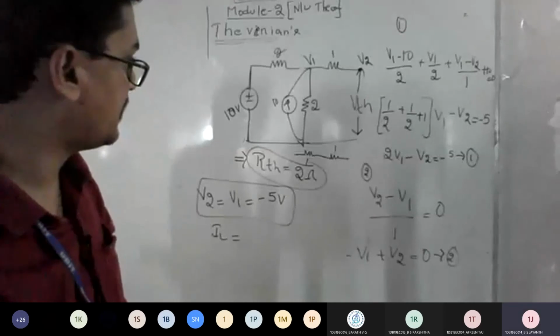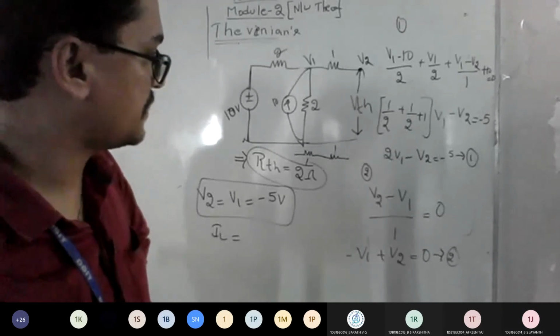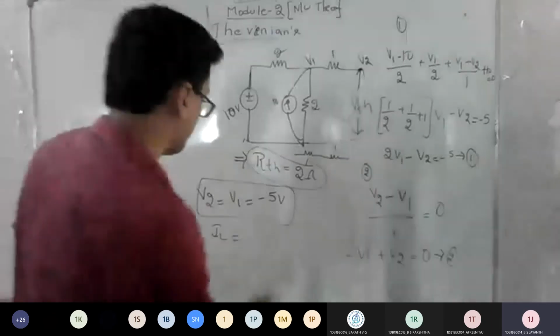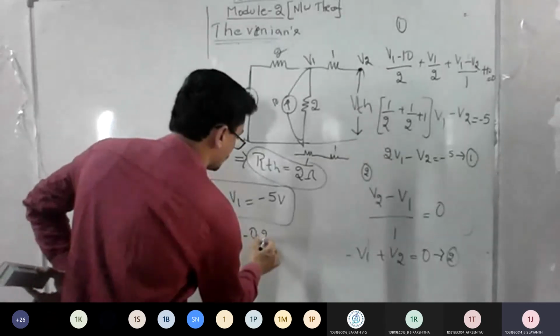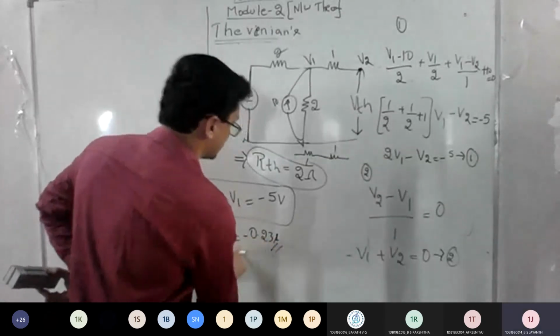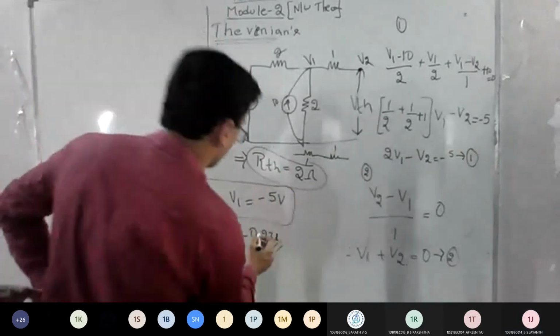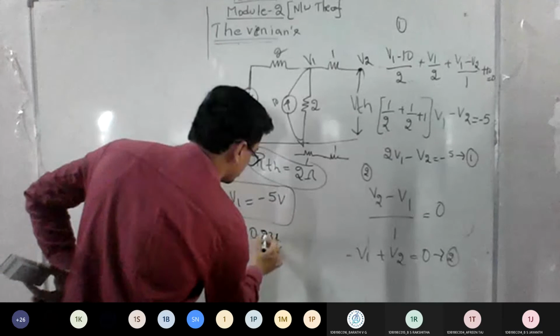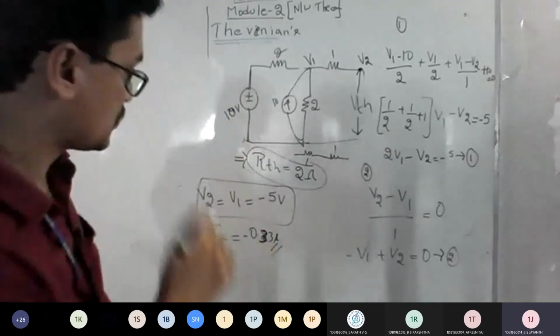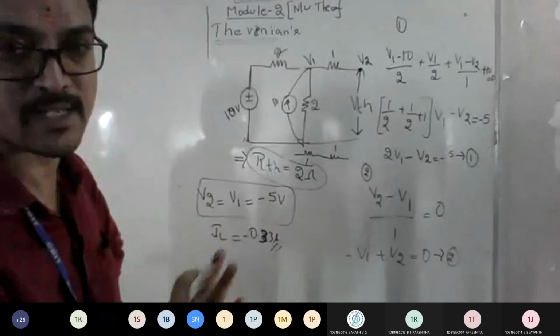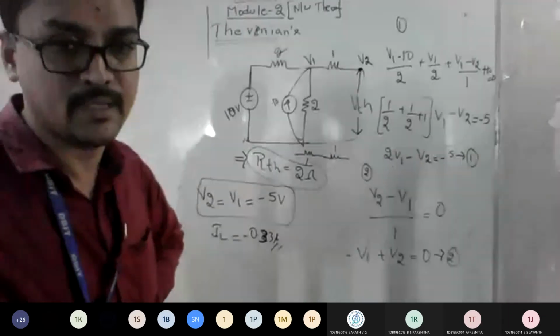So it's minus 5 divided by 2 plus 13. Minus 0.33 amperes, sir. This minus indicates that the assumption you have made should be reversed. So the answer is positive only, don't worry about the negative.